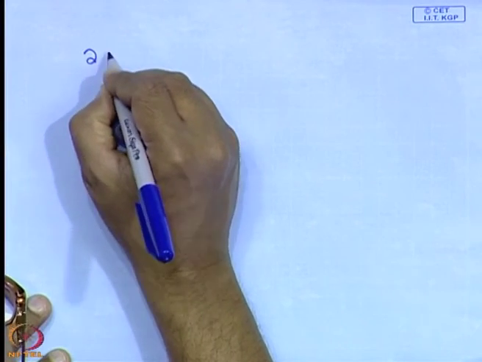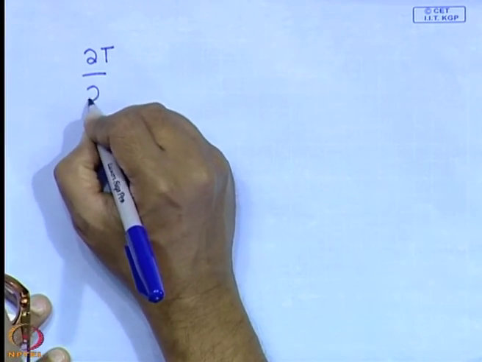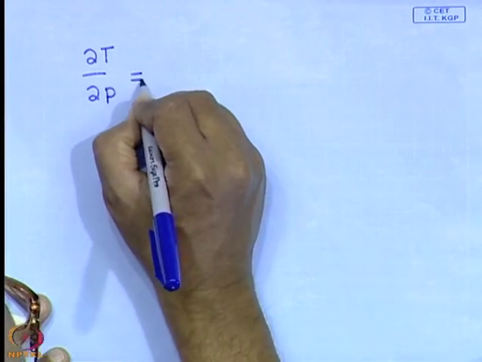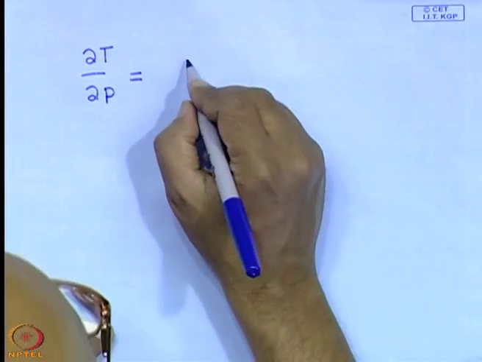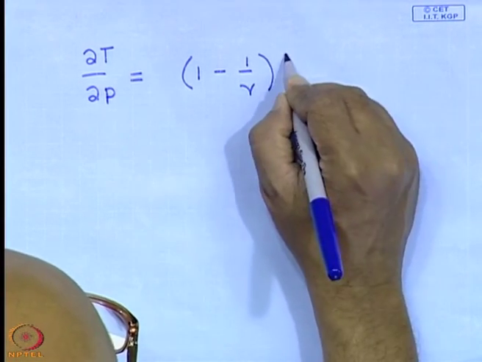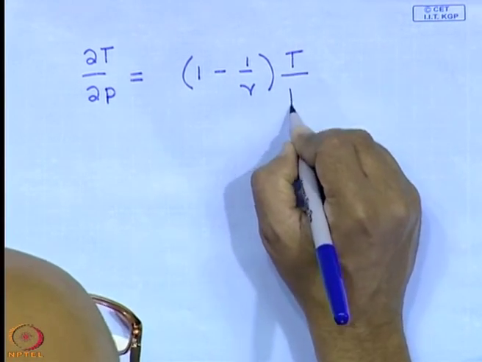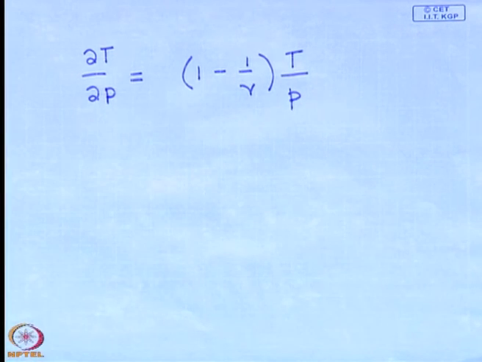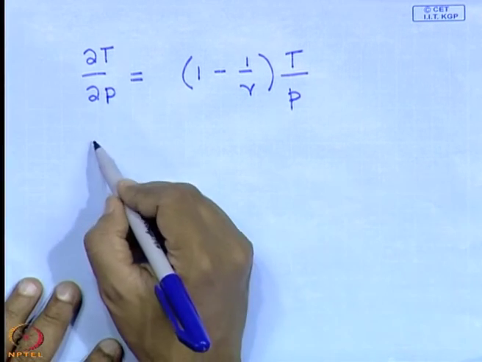So, what you have at the end of the day is that del T del P is equal to 1 minus 1 by gamma into T by P. Okay, so that is for an adiabatic process.